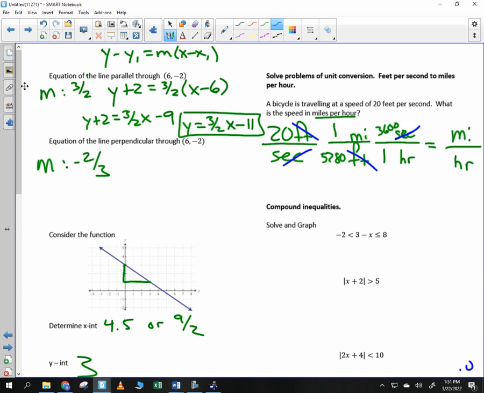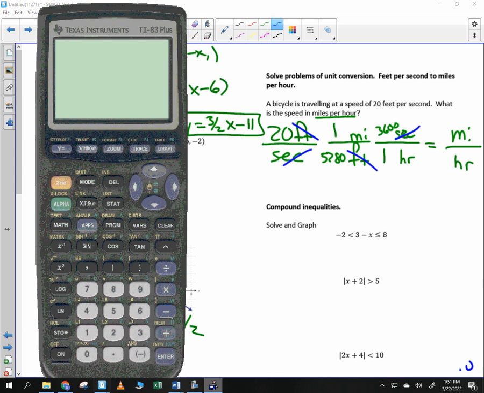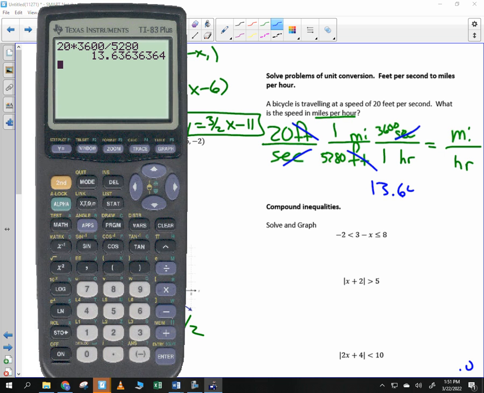So it's going to be 20 times 3,600 divided by 5,280. We got 13.64. Those of you taking a science class, hopefully you've done some conversions, but just figure out what you got to multiply and divide by.